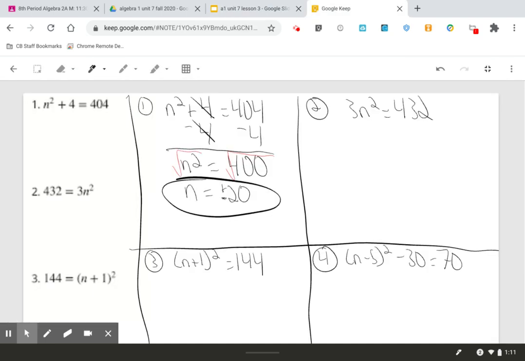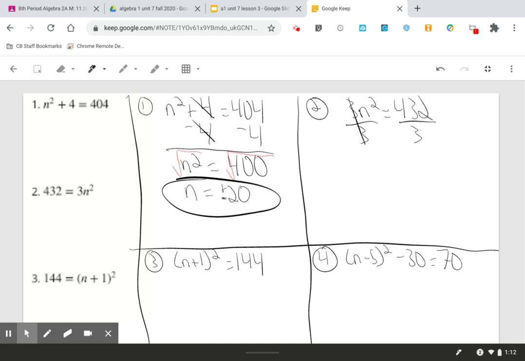Number 2, notice from here to here, I switched around the order. That is a perfectly mathematically legal thing to do. Again, I want to isolate the squared term, which means I need to get rid of the 3, and I'm going to do that by dividing both sides by 3, since division is the opposite of multiplication.